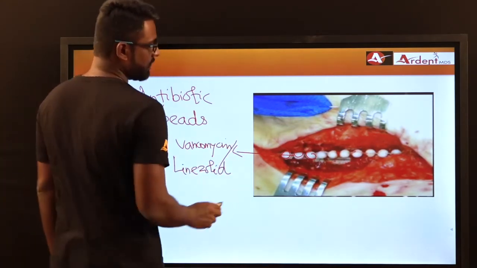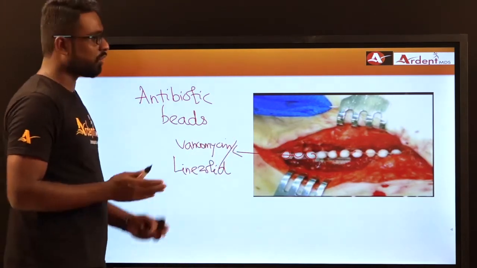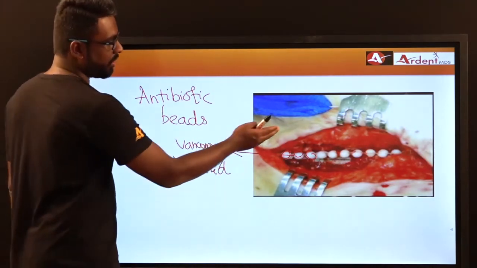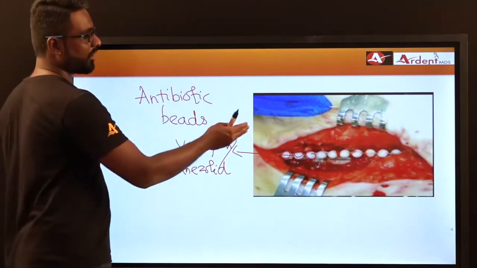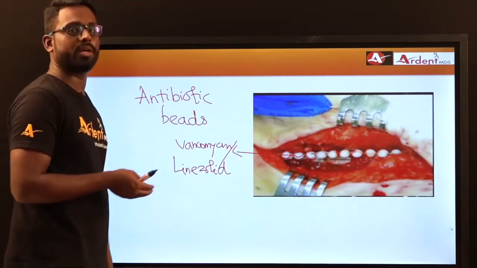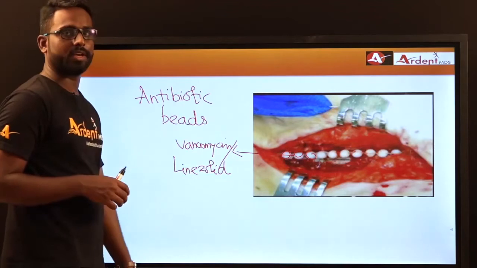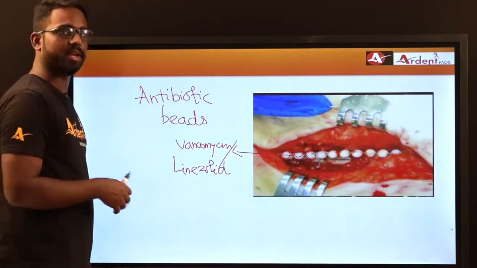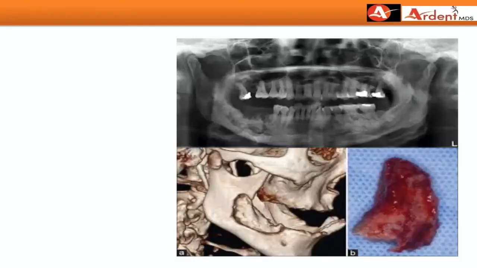You will open up the area, debride it thoroughly and keep the antibiotic beads so that over a prolonged amount of time the antibiotic efficacy will be present in a localized area rather than systemically.